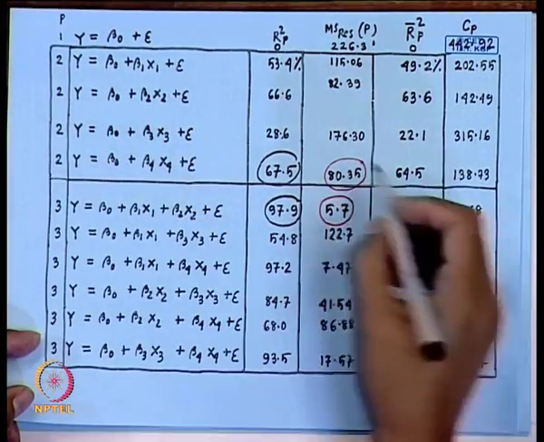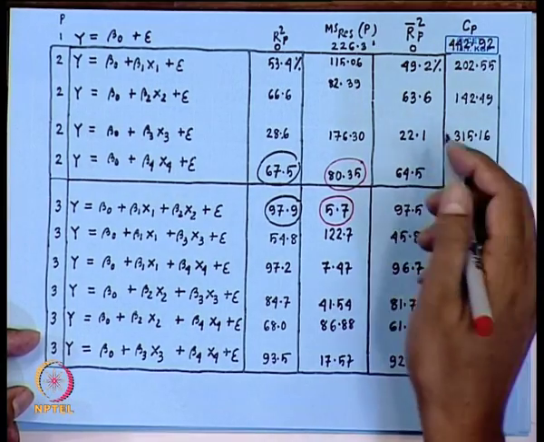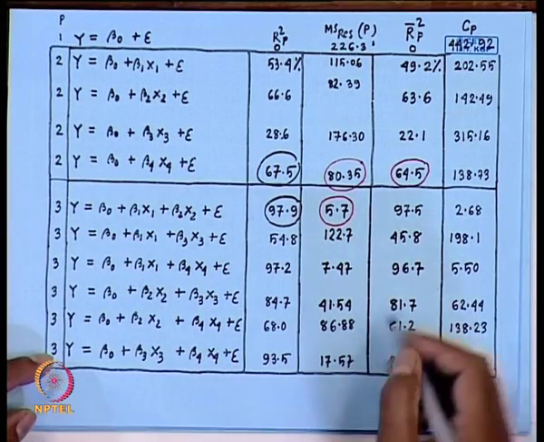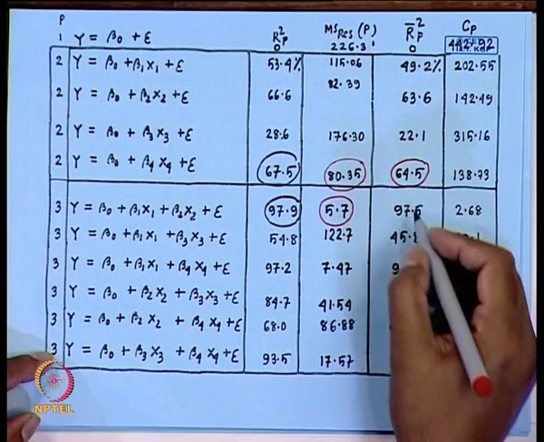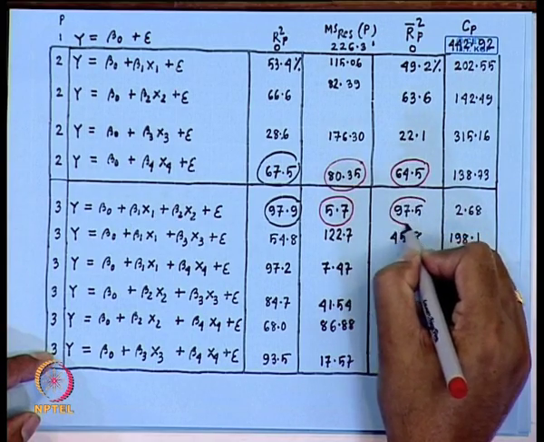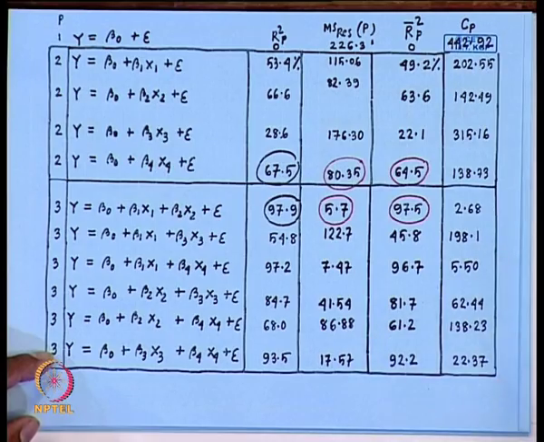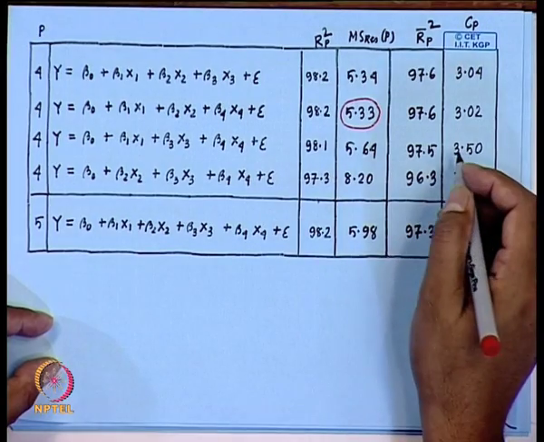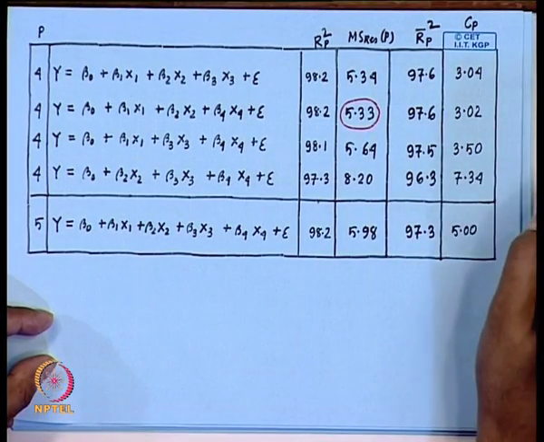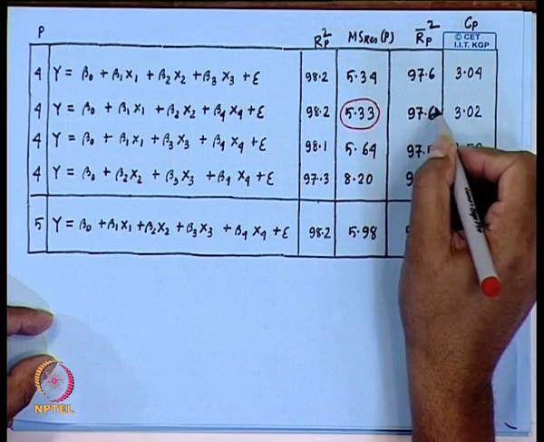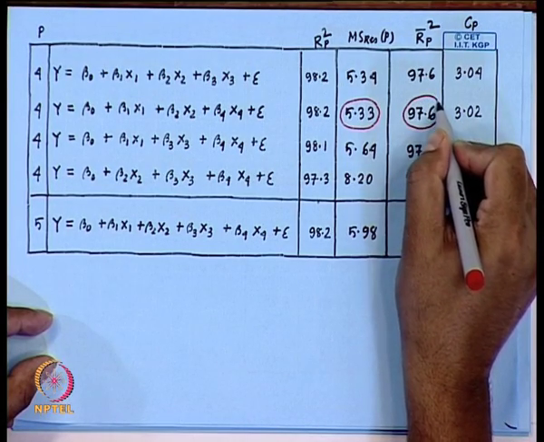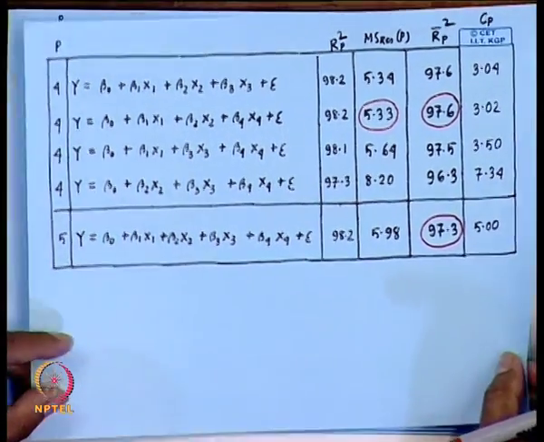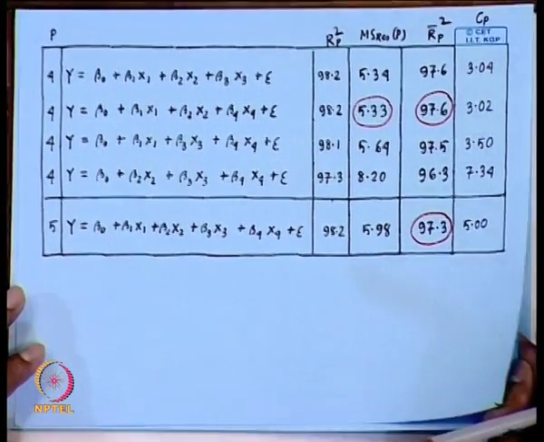When p equal to 2 the maximum value is 64.5. When p equal to 3 the maximum value is 97.5. When p equal to 4 the maximum value is 97.6, and here 97.3.